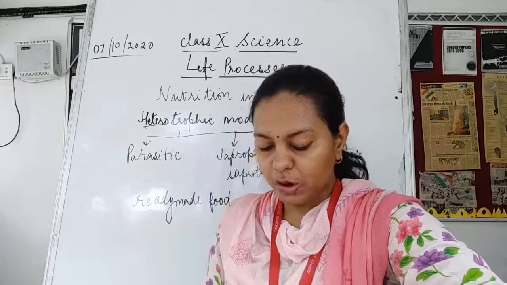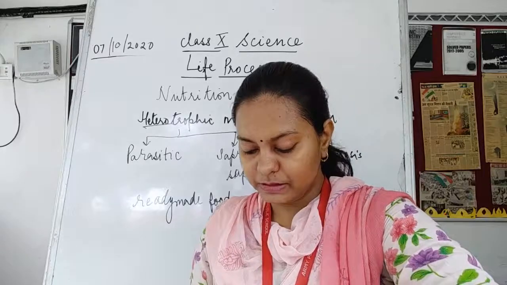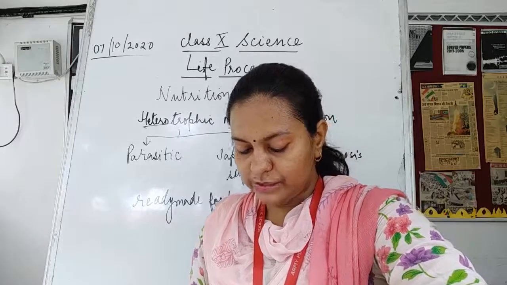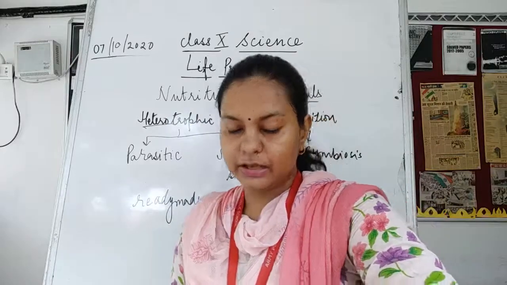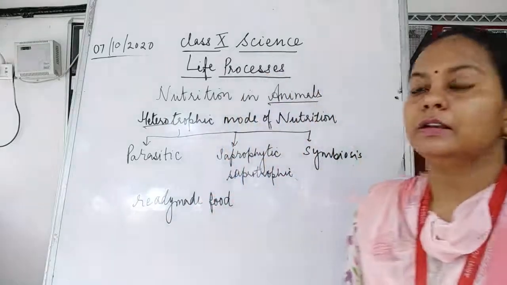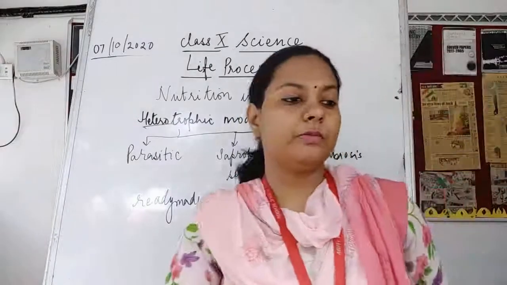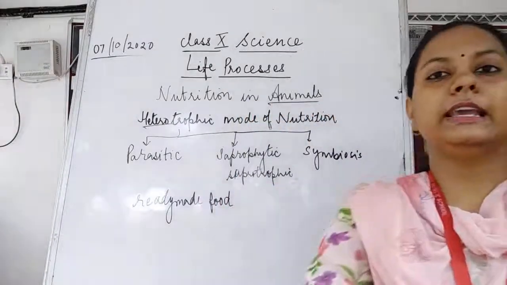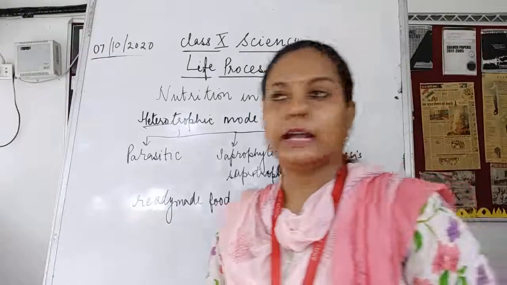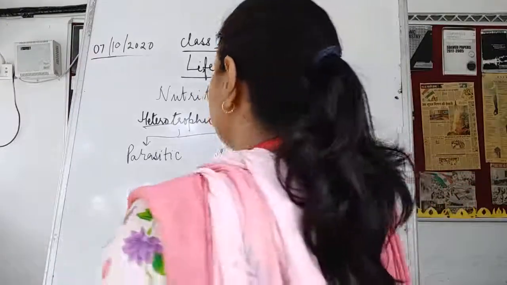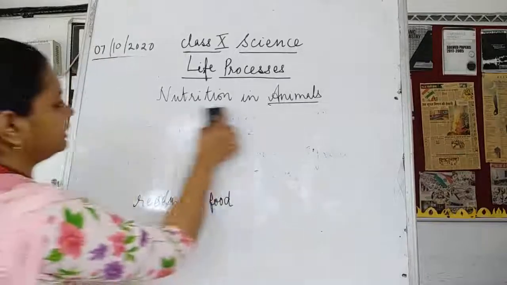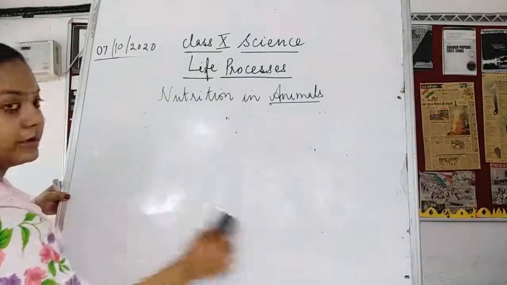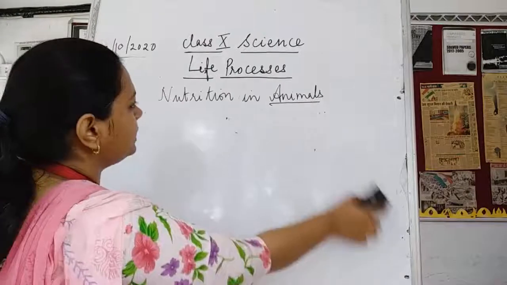Okay, all the animals can be divided into three groups based on their food eating habits. Herbivorous and carnivorous animals are there, as well as the omnivorous animals. So if we talk about the types of animals, we can see that there are three types of animals.